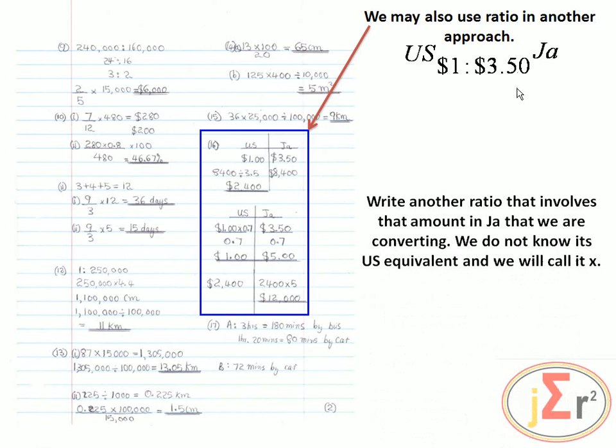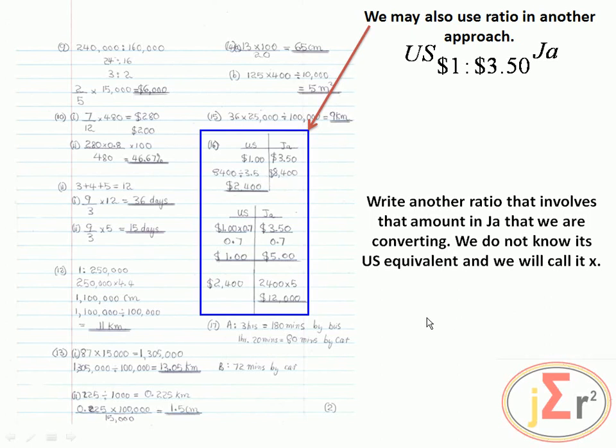And we are going to write another ratio that involves the amount in Jamaican that we are converting. And we remember that because we have used the figure 2 times before, therefore we remember that it is actually 8,400. Besides, we have it right here and there.